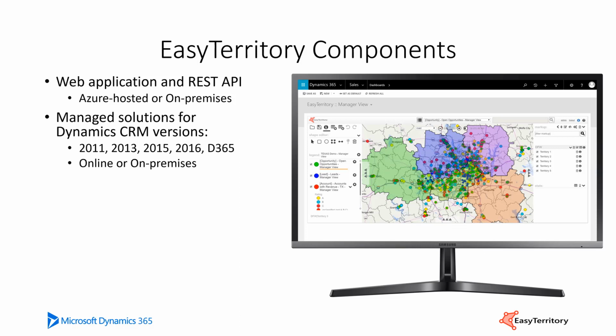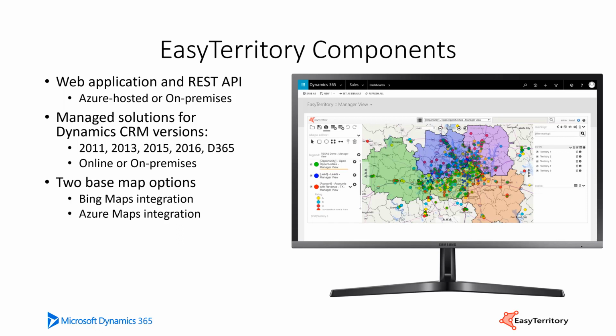And again, we support either Dynamics Online or on premises. In addition to the EasyTerritory application, we also leverage an underlying base map for all the street network and water body data that you would see on the map, and also the geocoding and the routing. And so the two options that we have for base maps are Microsoft's Bing Maps platform and Microsoft's new Azure Maps platform.